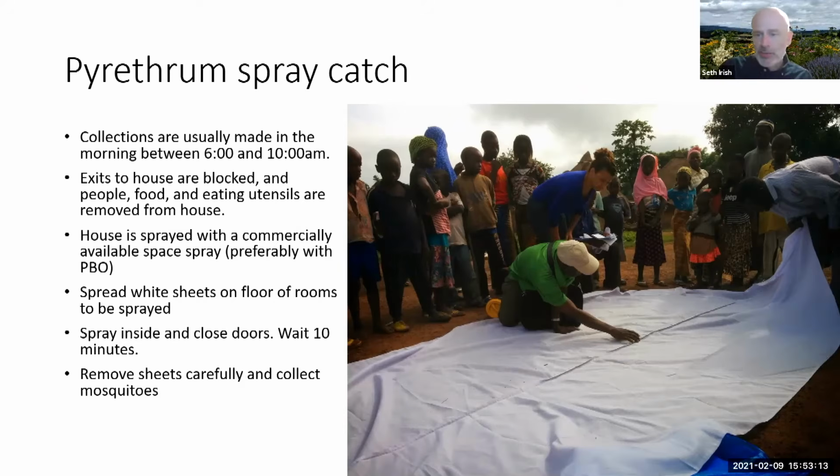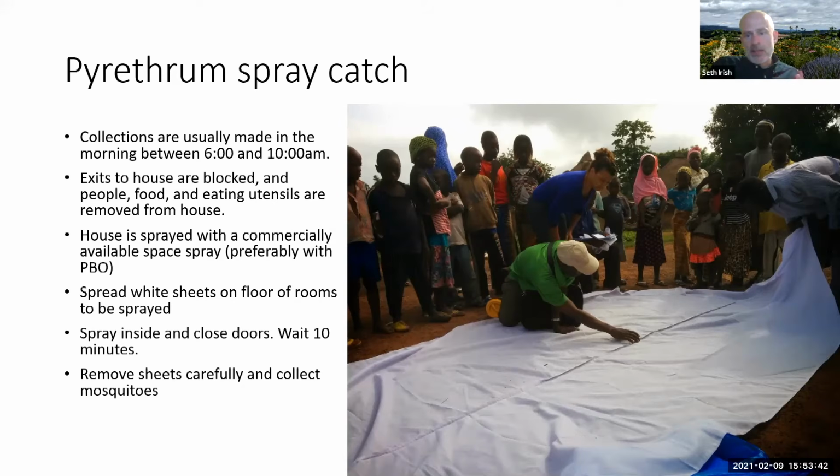And I forgot the most important step. Before you spray the house, you want to make sure that you put white sheets on the ground. Why white sheets? Because when the mosquitoes get knocked down and fall onto the sheets, they're much easier to find on white sheets than on dark sheets, just because they're visually easier to see.